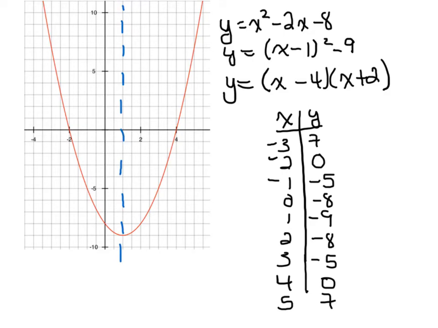And so if I took this side here and I folded it along this line, it would lay right on top of this side here. And so this graph is considered symmetrical. And this line here that goes down the center of it is the axis of symmetry.